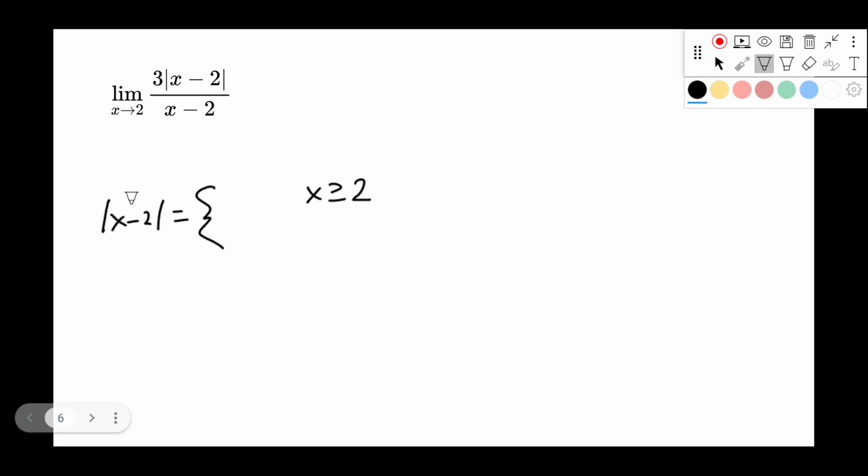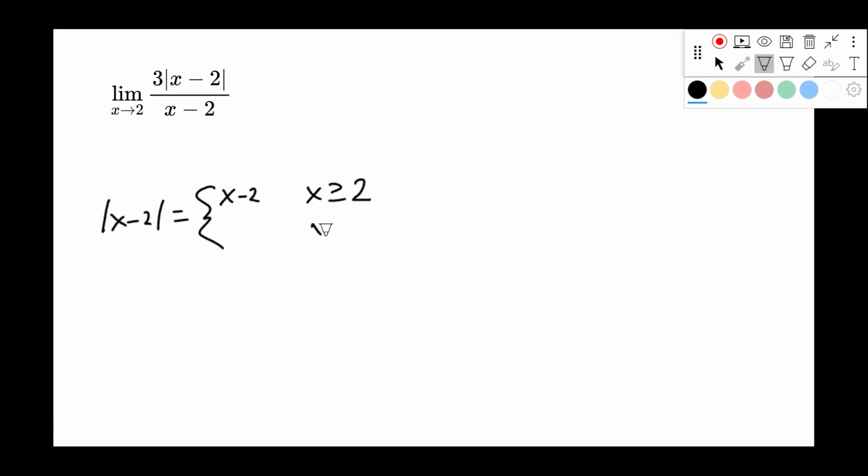X is a number bigger than or equal to 2, and I substitute it into the bars, it's going to give me a number that's positive, right? 2 minus 2 is 0. The absolute value of 0 is 0. So 3 minus 2 is 1. 4 minus 2 is 2. 5 minus 2 is 3. And then the absolute value doesn't do anything, right? We just talked about that on the last slide.